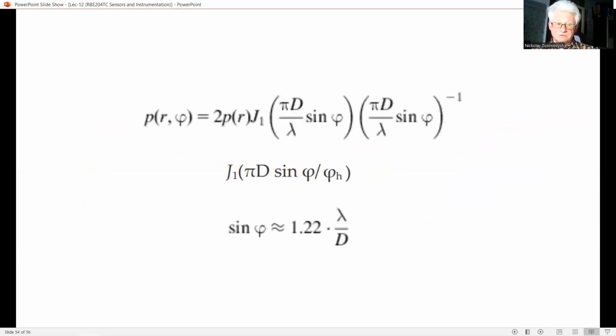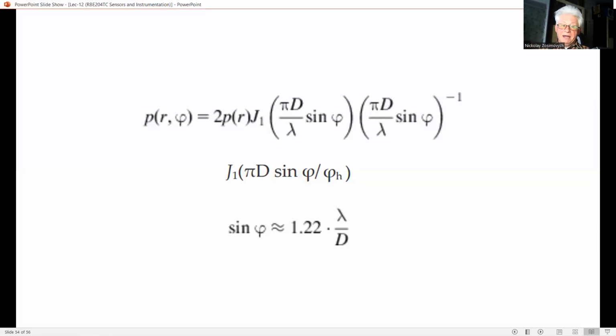The pressure distribution over the sphere can be described by the expression for p of r and phi. p of r is the pressure at a distance r, lambda is the wavelength of the sound signal, D is the plate diameter, and J1 is the order one Bessel function. The diagram consists of several lobes, a main lobe and side lobes.